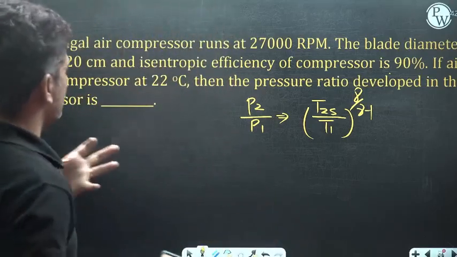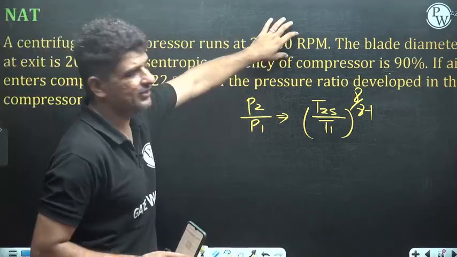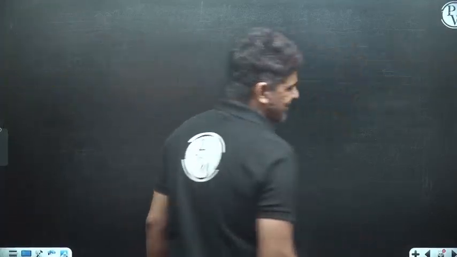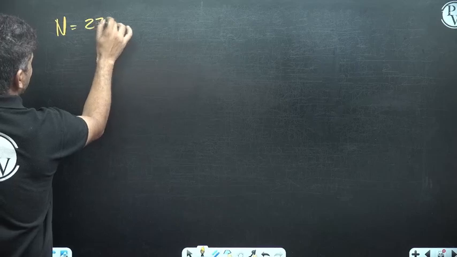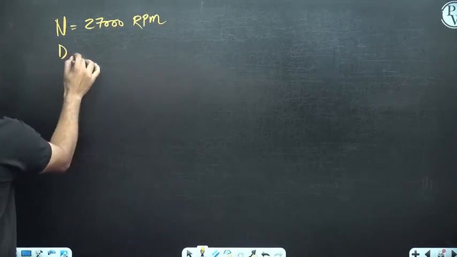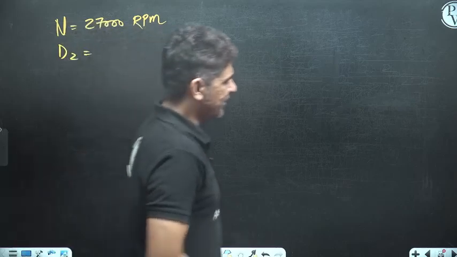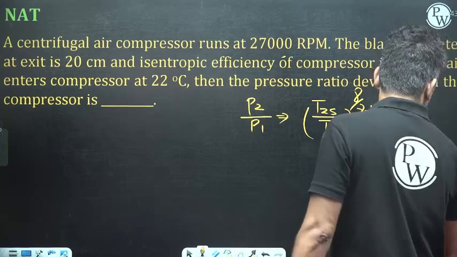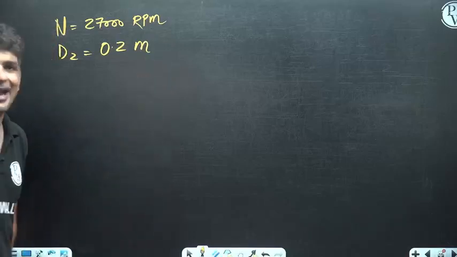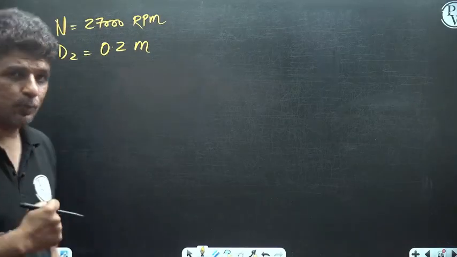To calculate T2 by T1, you have to make use of this RPM and this diameter. So he has given you that the compressor runs at 27,000 RPM. So N is 27,000, and diameter D2 is 20 centimeter, so D2 is 0.2 meter. So from N and D2, can you calculate U2?